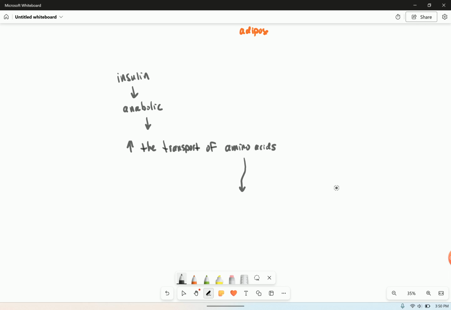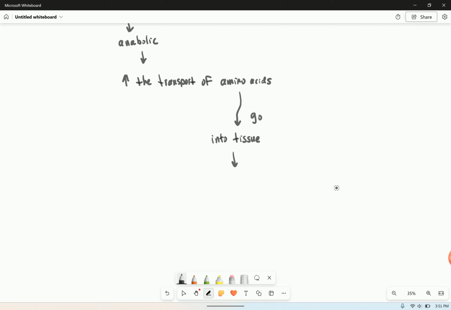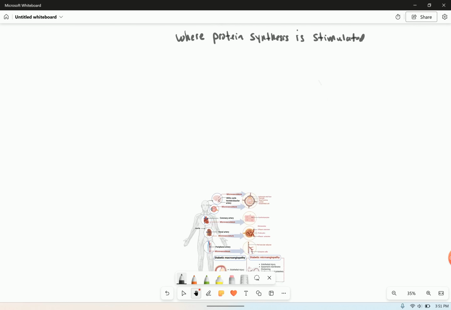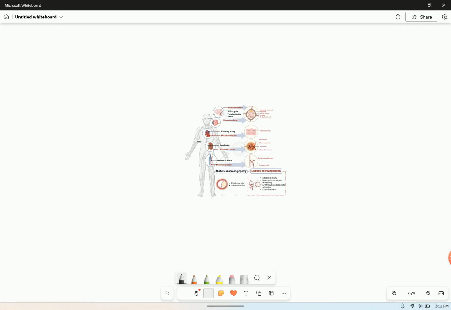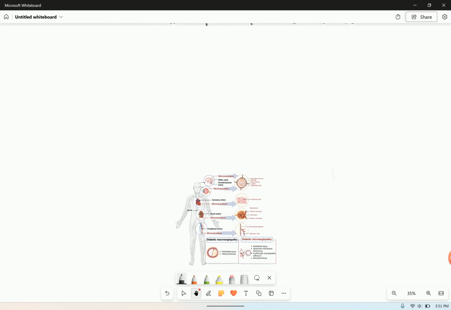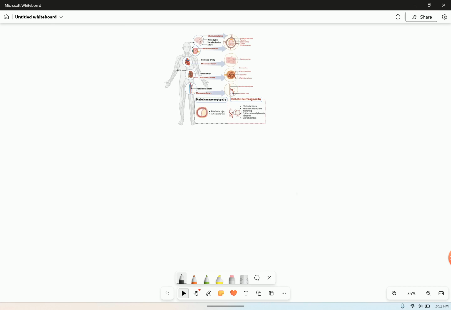Those amino acids will go into tissue where protein synthesis is stimulated. We'll come back to this slide in a minute.